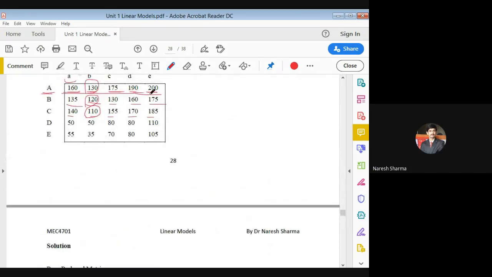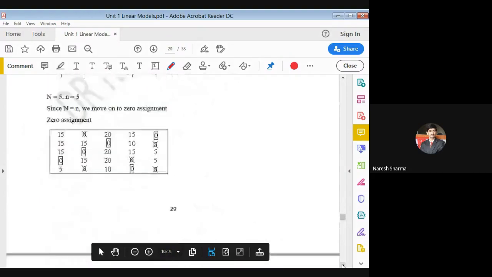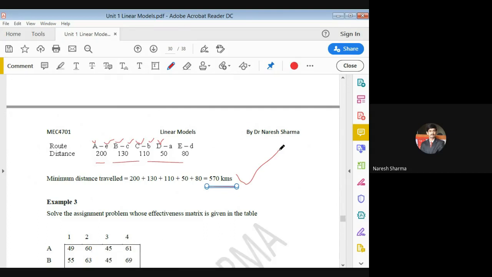Right, so at the same location you just take these values, that is the distance, and you can add all these distances. That is the minimum distance covered by your vehicles once you transport to the respective cities. Right, hope so.